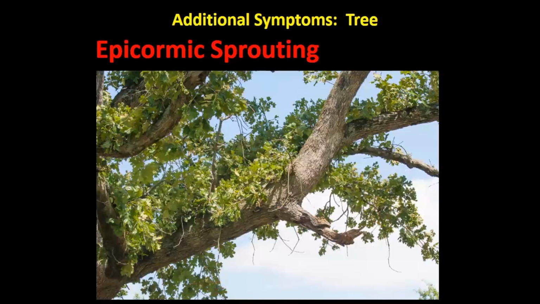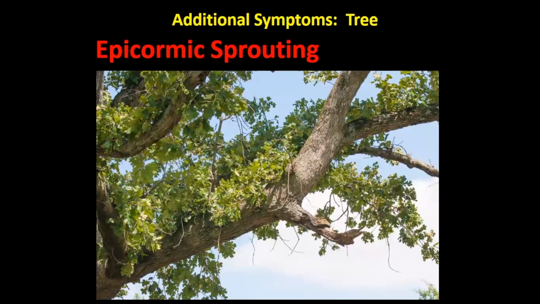Now, we're moving on to additional symptoms that are related to the whole trees. The first we call epicormic sprouting. It's kind of a fancy name, and I really don't have a simpler name for it. It refers to the very dense growth of short twigs and branches that occurs on the main branches or even on the trunk of a tree.